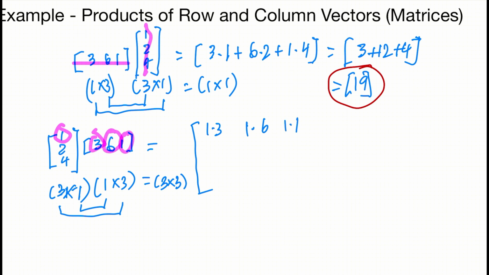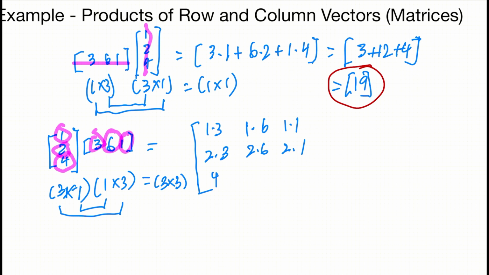Now we go to the second row and do the same thing again, multiplying each of these individually. That's going to give us 2 times 3 as the element on the second row, first column, 2 times 6, and 2 times 1. Now going down to the final element, the 4, we multiply by the 3, 6, and the 1 again.